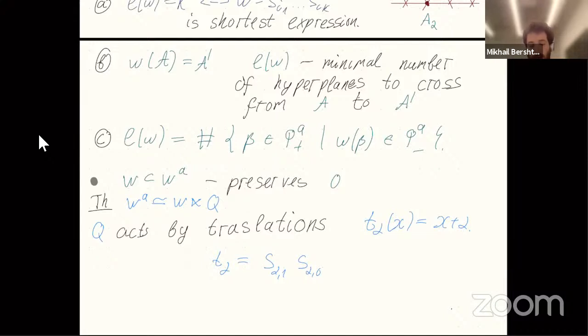This is a group generated by reflections S0 and so on. So this should be probably similar to the two descriptions of the affine Lie algebra: one in terms of the Chevalley relations, another as a loop algebra.